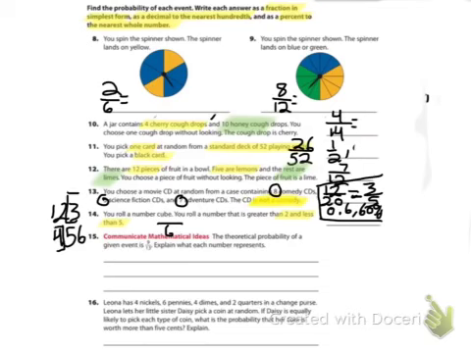So we only have 3 or 4. So that means 2 out of 6 simplifies to 1/3, which we already had up top. 1/3 is 0.33 as a decimal rounded to the hundredth, and 33% as a percent rounded to a whole number. So you should have those written down.